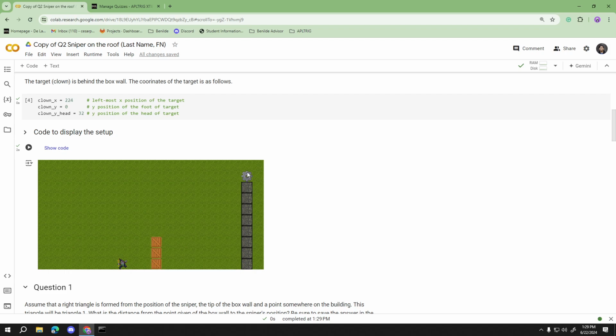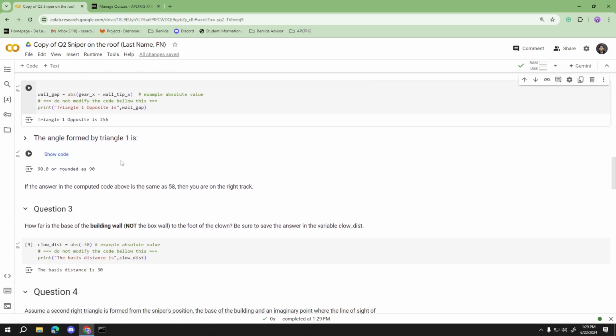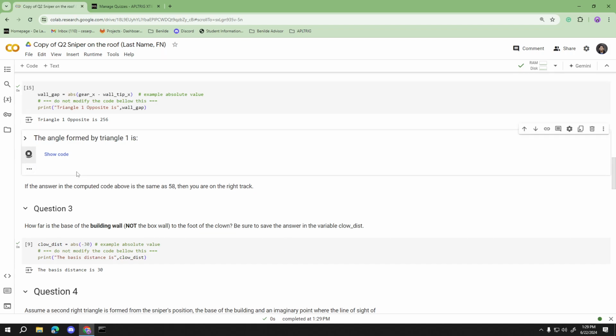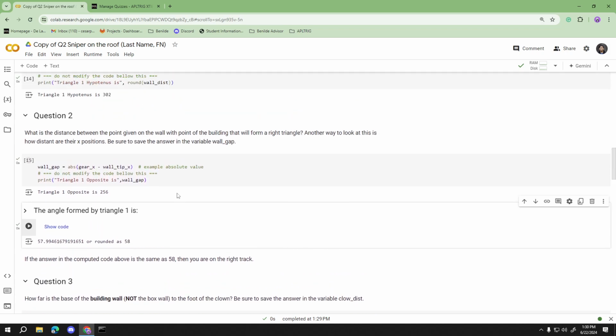Our hypotenuse a while ago is 302, and this is 256. If you're right, this should round up to around 58. If there's something wrong here, then it would not have given a 58.